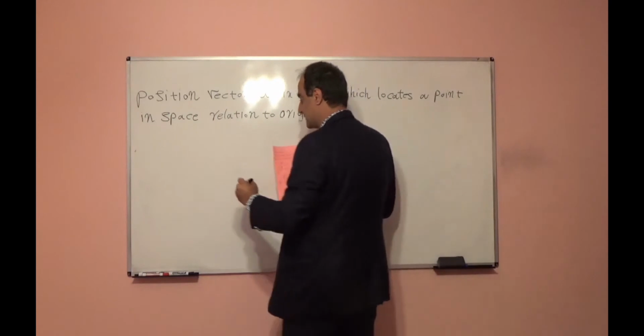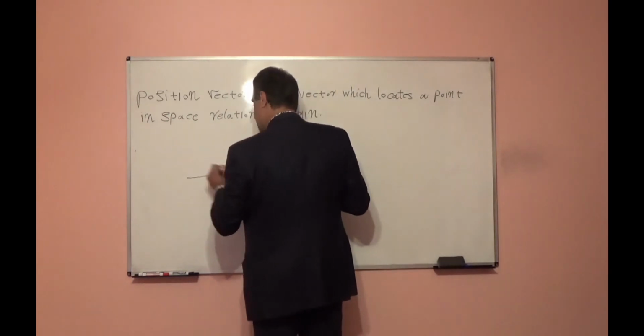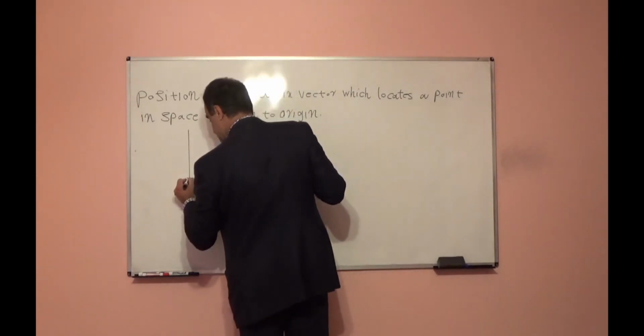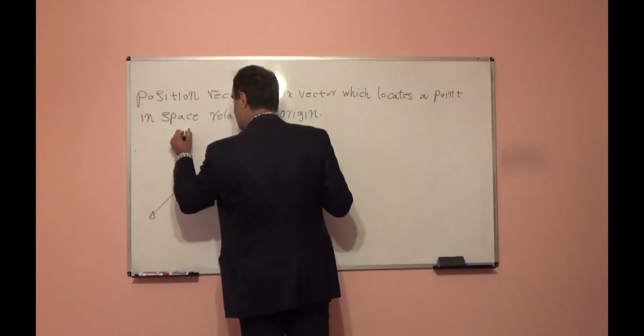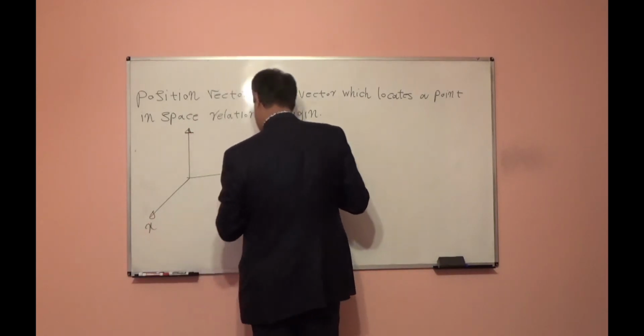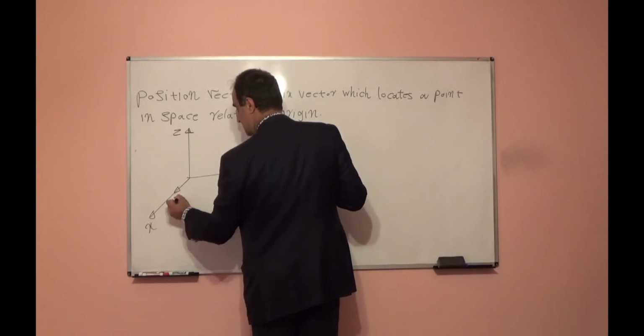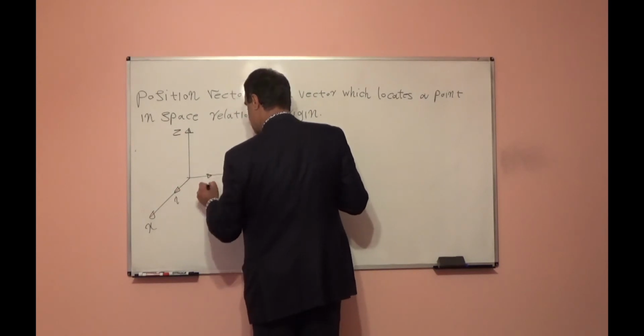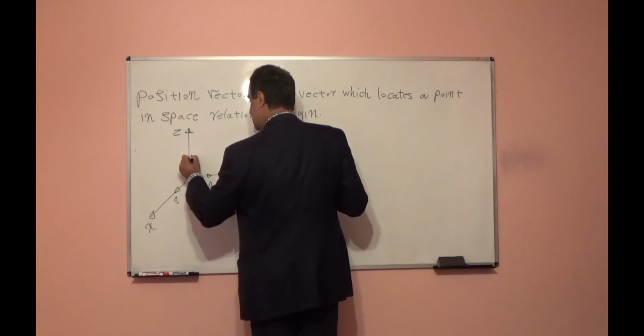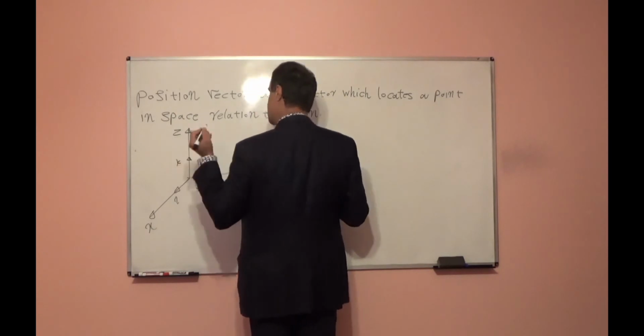For example, if we want to describe the location of point A in 3D space, x, y, z coordinate, and the unit vector in the x direction is i, in the y direction it is j, and in the z direction it is k.